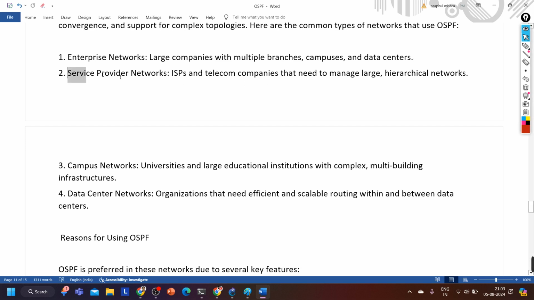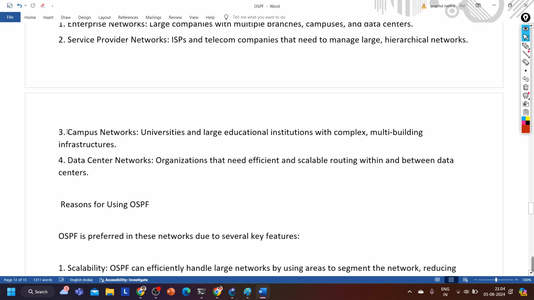Then service provider networks: ISPs and telecom companies that need to manage large hierarchical networks. Then campus networks, like a campus area network to connect multiple buildings. Again, a university can use the OSPF routing protocol. An educational institution can use the OSPF routing protocol, right? So a university or large educational institution with complex, multiple-building infrastructure.